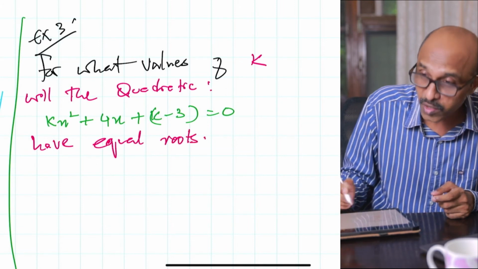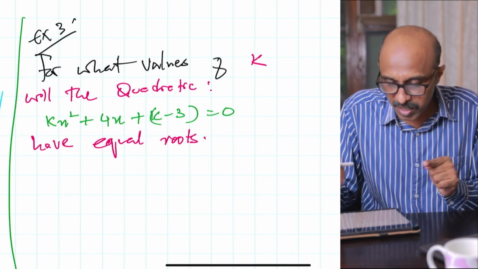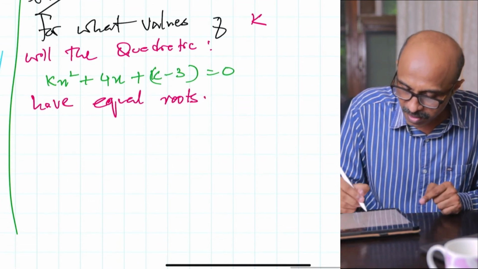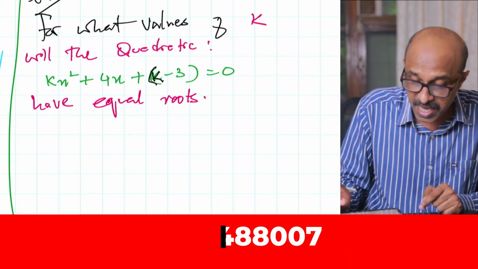Okay, so I'm going to read this question out to you again. For what values of k will the quadratic kx squared plus 4x plus (k minus 3) is equal to 0 have equal roots? This is k minus 3, okay? I put it into a bracket. k minus 3, have equal roots, okay?